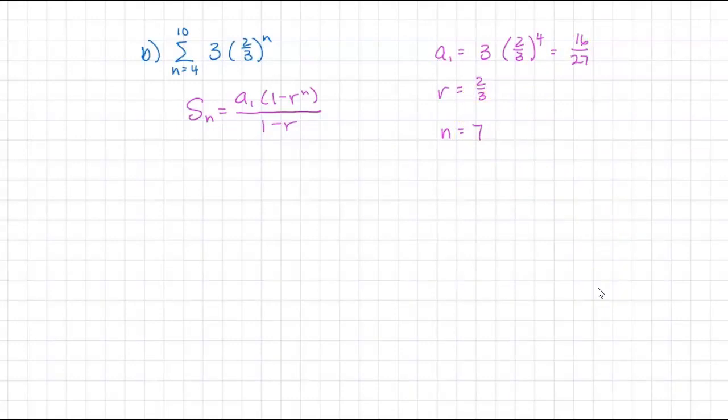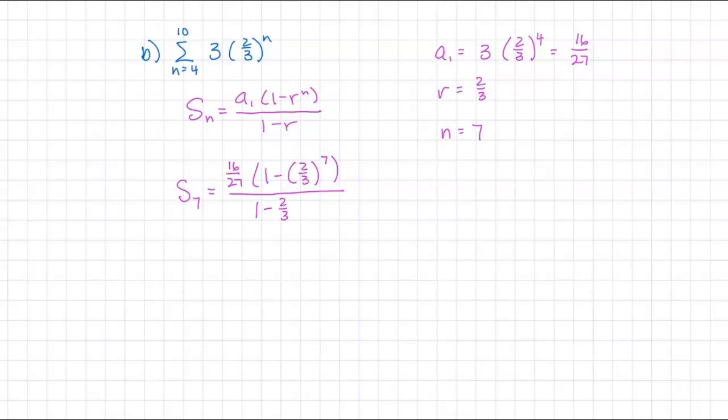But then you have everything. Now you can go ahead and plug it in. So we are looking for the 7th partial sum, which is 16/27 times 1 minus 2/3 to the power of n, which is 7, over 1 minus 2/3. Then you plug that into the calculator.